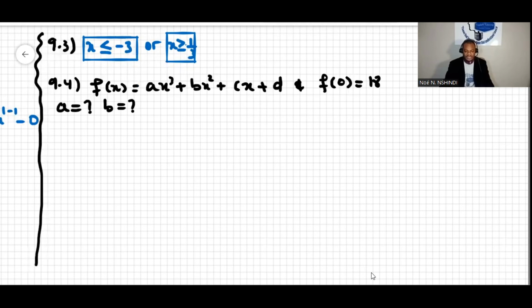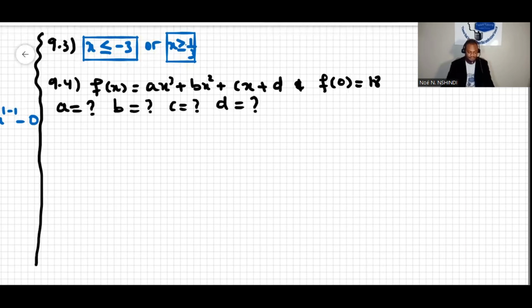What can we do then? We are asked to determine f of x. It means we need to find the values of a, b, c, and d. That's what it means.